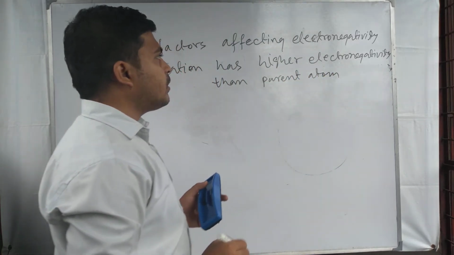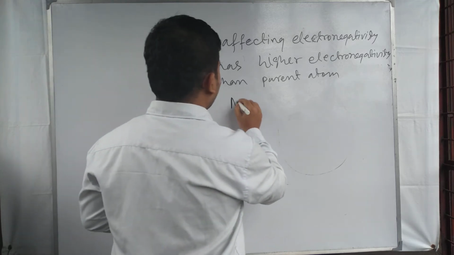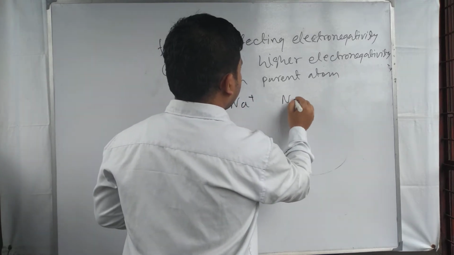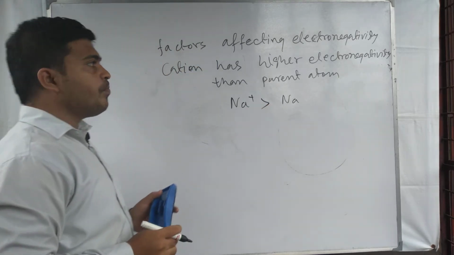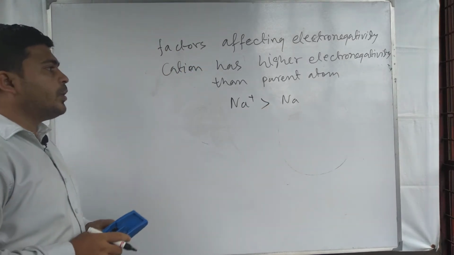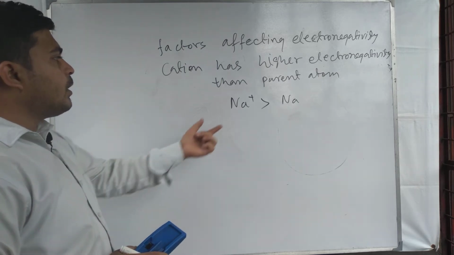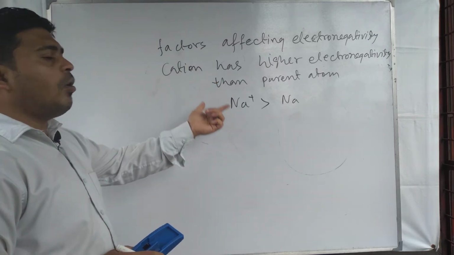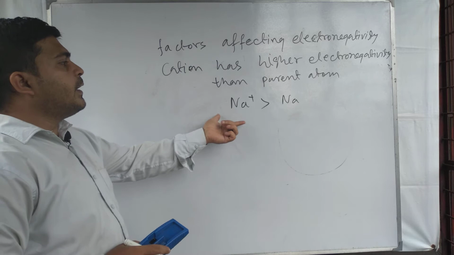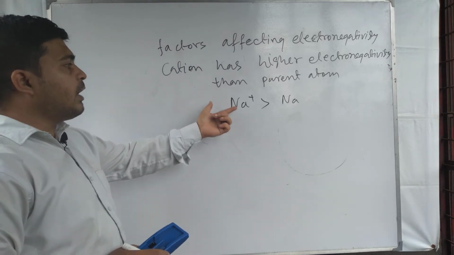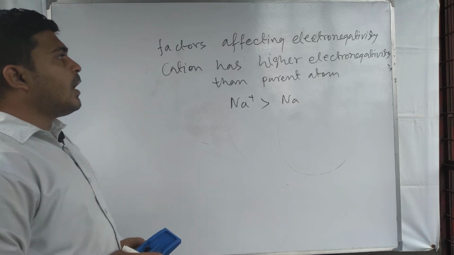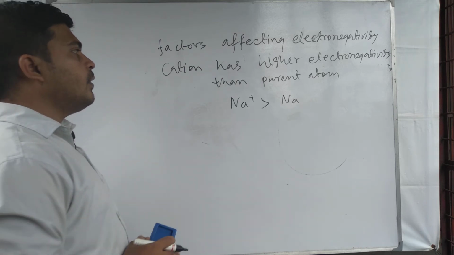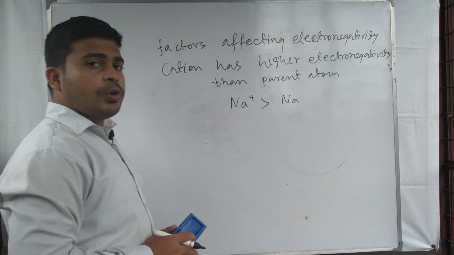So if we compare the electronegativity of Na+ and Na, the cation has more electronegativity compared to the neutral atom, because the cation is formed by loss of electron, so it has a tendency to gain electron more, and for this reason cations have higher electronegativity than the parent atom or neutral atom.